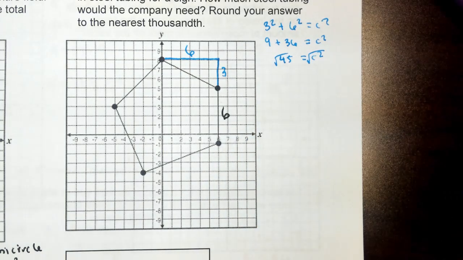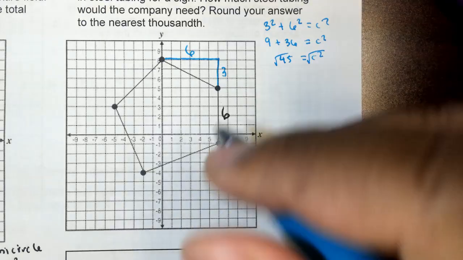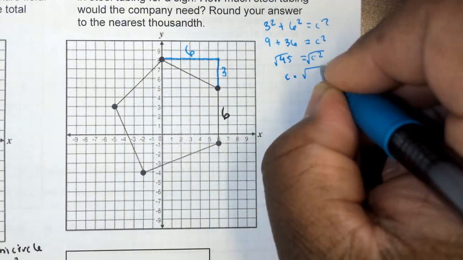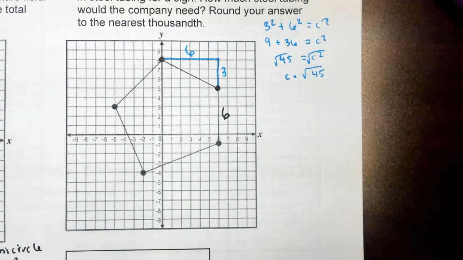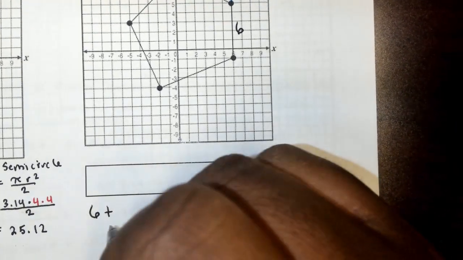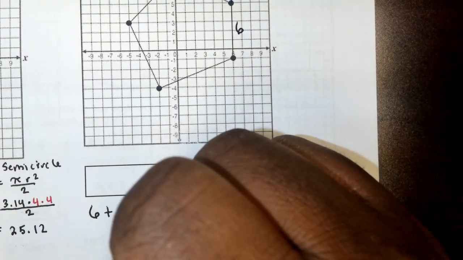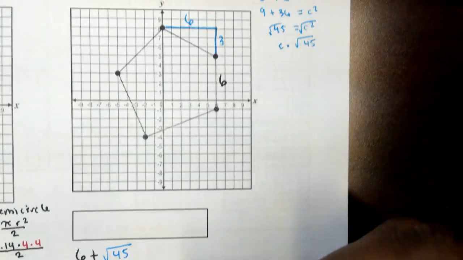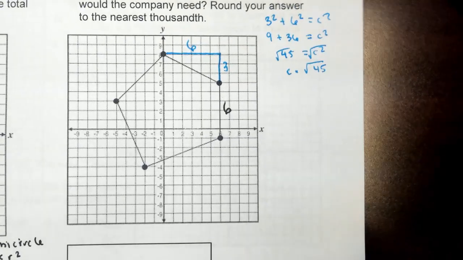You can try square root of 45 in the calculator, but it's going to be ugly, so we're going to leave it as is. Square root of 45 is the next one I'm adding in down here, plus square root of 45. Then I'm going to come back and get the next one.